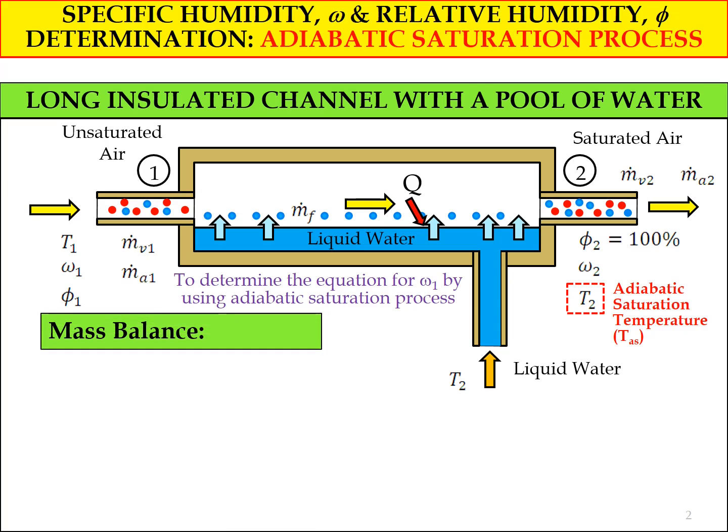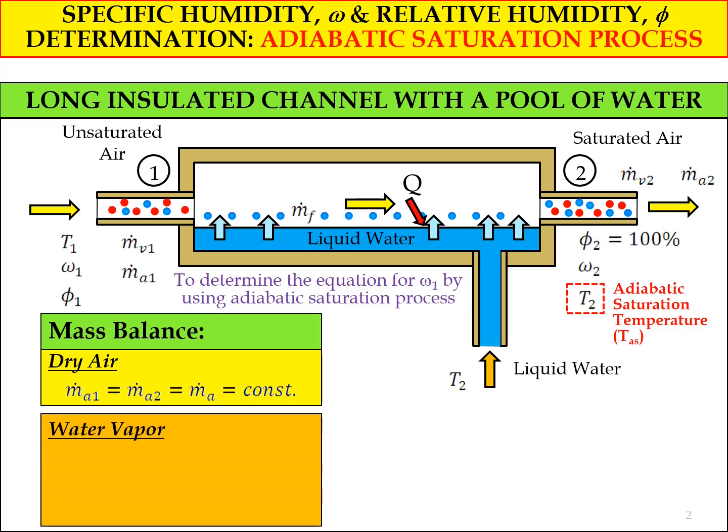If you consider the mass balance equation for dry air, because the amount of dry air is constant, ma1 dot will be equal to ma2 dot equal to ma dot, where the value is constant for dry air.